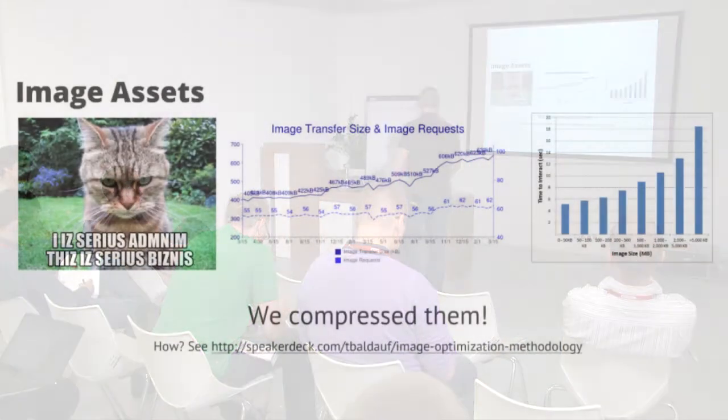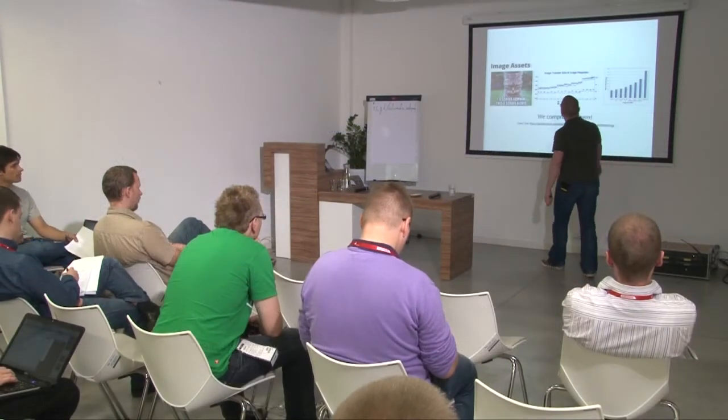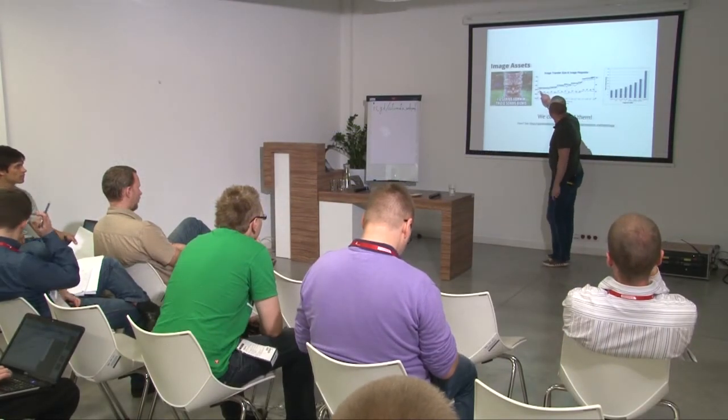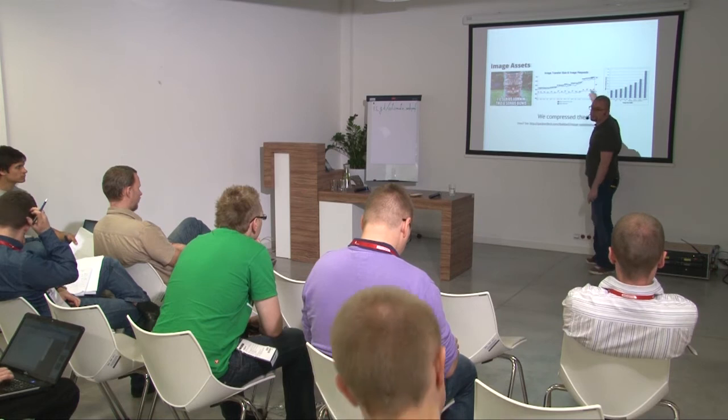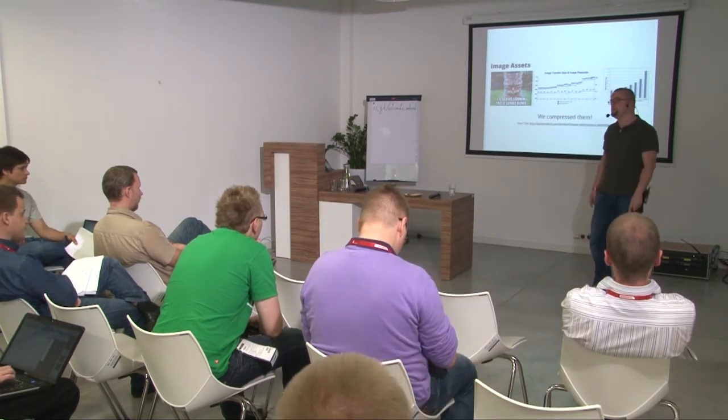Image assets, important. This is a graph that shows you how much image assets have grown over this statistical database of more than 1 million sites in the last 12 months. So you have like 400K in 2012, and you have more than 600K in 2013. So that means images are getting bigger and bigger these days.